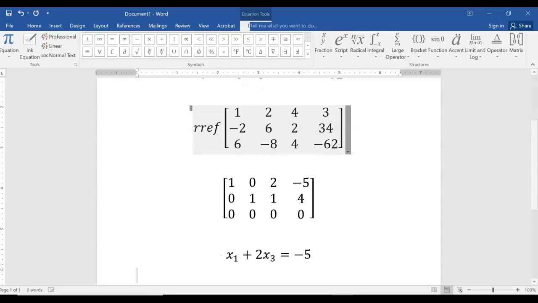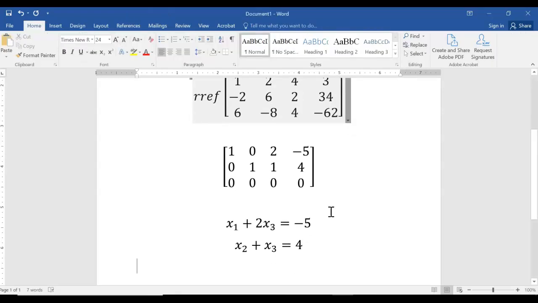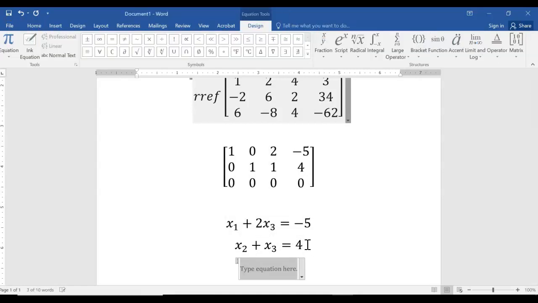That second one is saying that x2 plus x3 is equal to 4. And that last row, well, technically, I should say, noticing that the x3 column is a free variable means that x3 is some sort of free variable.